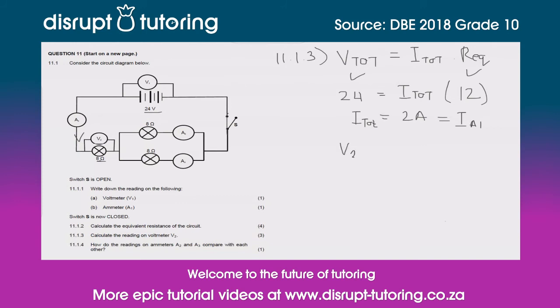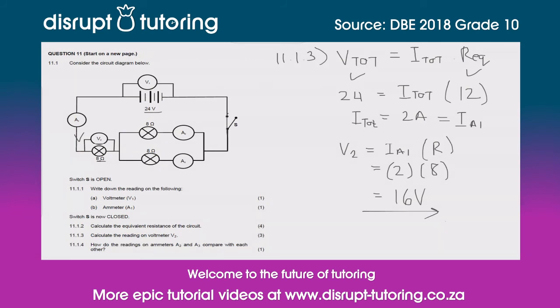So V2 is equal to the current flowing into it, which is the current in A1, times the resistance at that point. So that is 8 ohms. So we're going to say 2 amps and 8 ohms, which is 16 volts. That's the reading on voltmeter V2.